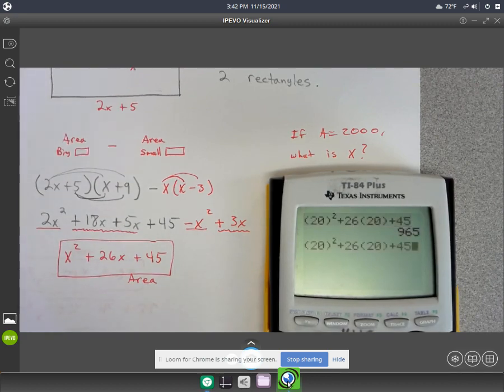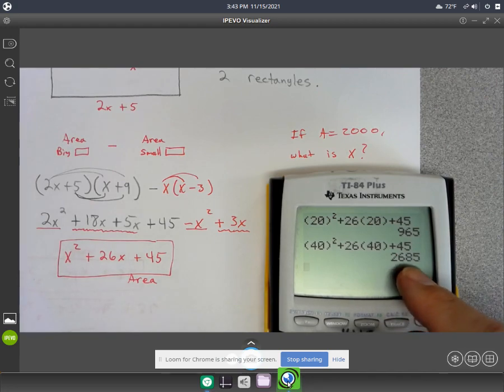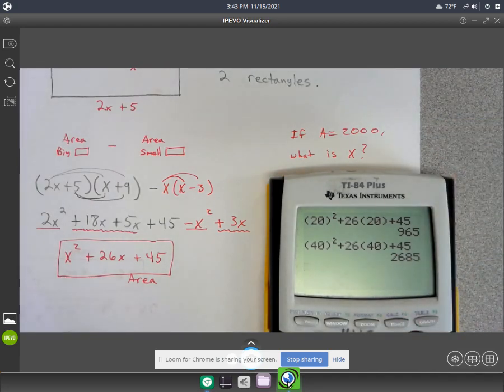So maybe I need to pick a bigger value for x. Maybe I'll choose 40. All right, and I went overboard here. I got 2,685 instead of 2,000. So you just kind of play this game until you get pretty close.